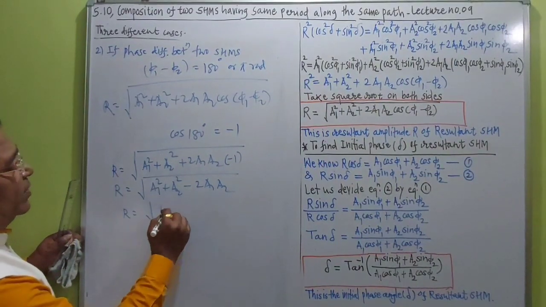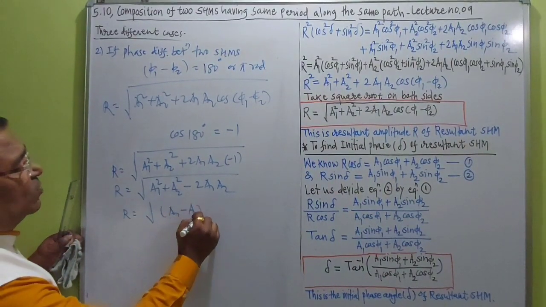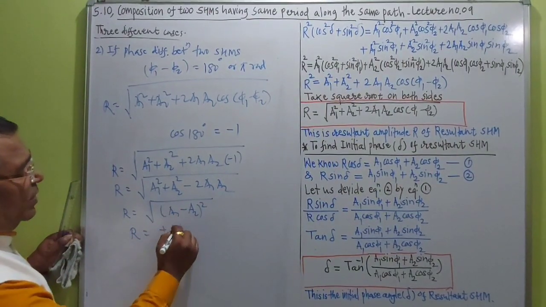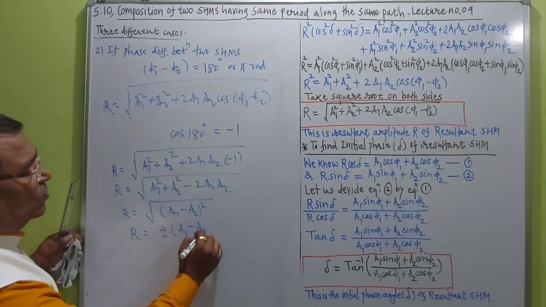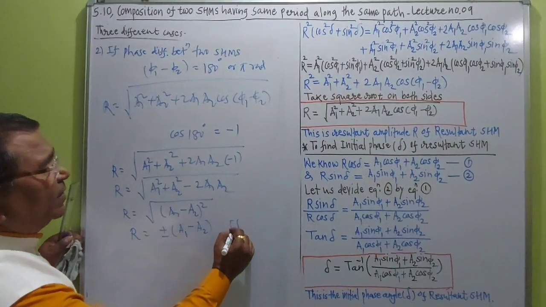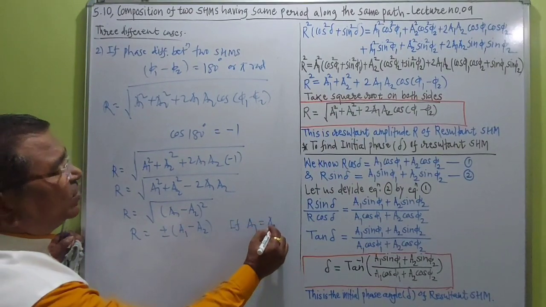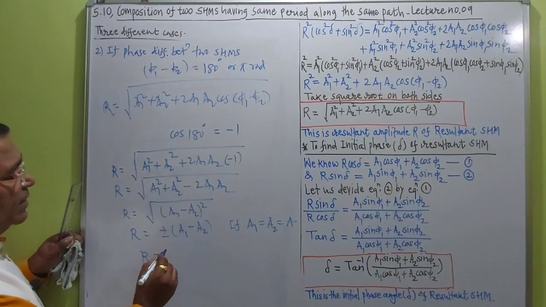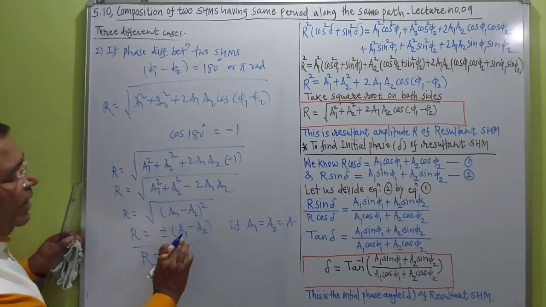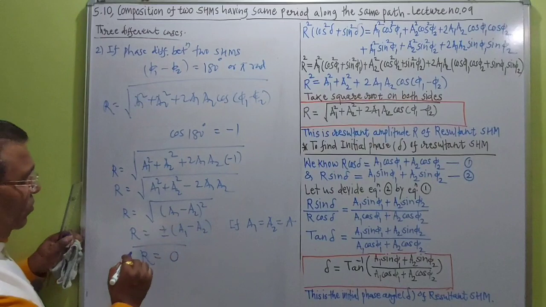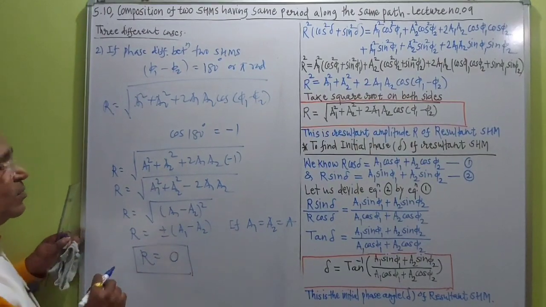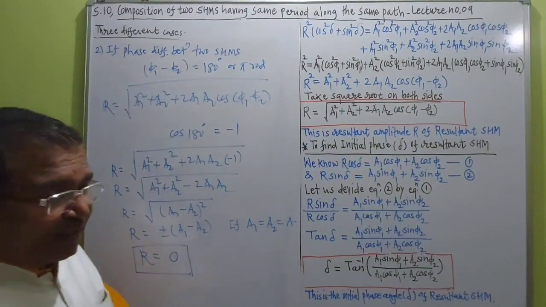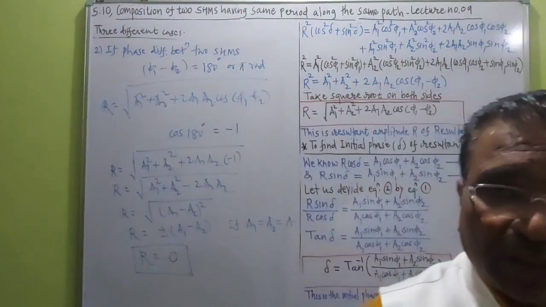Capital R is equal to square root of (A1 minus A2) whole square, so capital R is equal to A1 minus A2. Here again, if A1 is equal to A2 is equal to A, then the resultant amplitude we got is A minus A, which is 0. If both amplitudes are the same and the phase difference is 180 degree, then the resultant amplitude of the resultant SHM is 0.